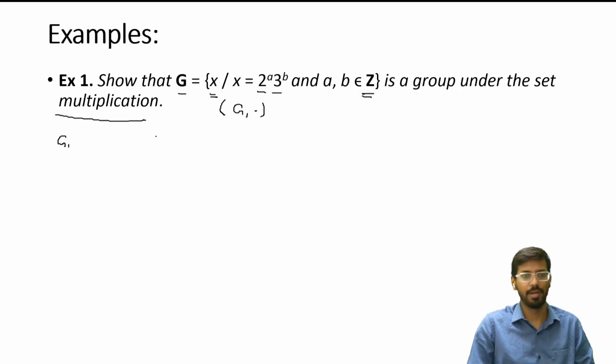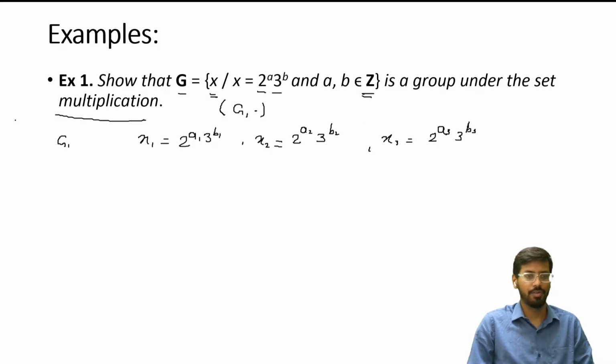Now we have to check the basic property G1, that is closure. Take elements x1 = 2^a1 3^b1, x2 = 2^a2 3^b2, and x3 = 2^a3 3^b3.